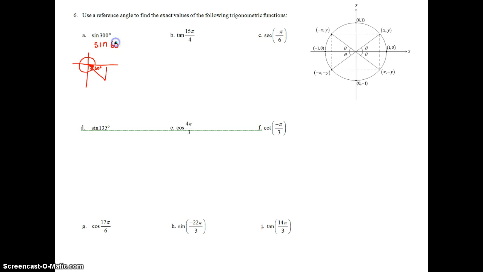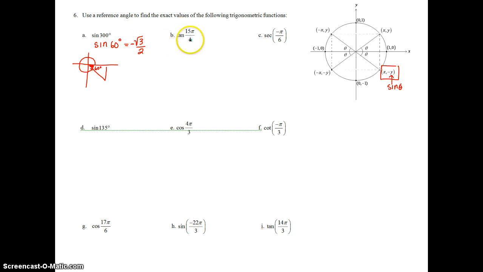So I could find the sine of 60 degrees, and it would be the same as the sine of 300 degrees. So the sine of 60 degrees, if you already have these memorized, is root 3 over 2. But remember that because I'm in the fourth quadrant, look over here, in the fourth quadrant we know the y value is always negative. And since that's the sine, I know this will be negative root 3 over 2.